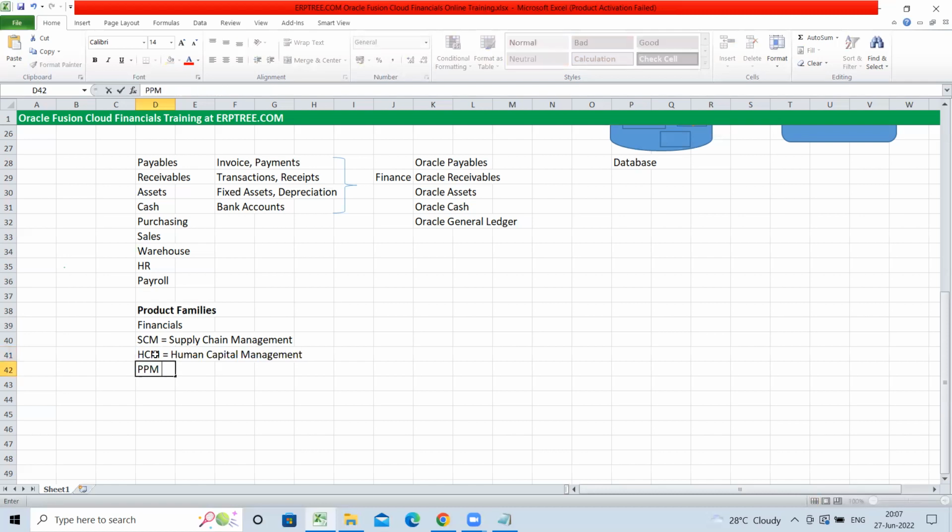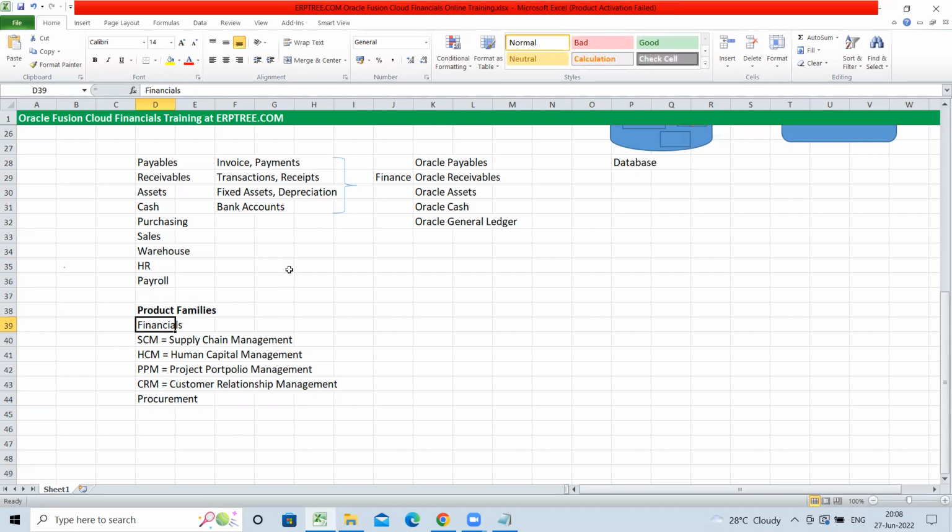We have PPM, project portfolio management applications, CRM, customer relationship management applications, and procurement. These all we call product families. So financials is one of the product families.